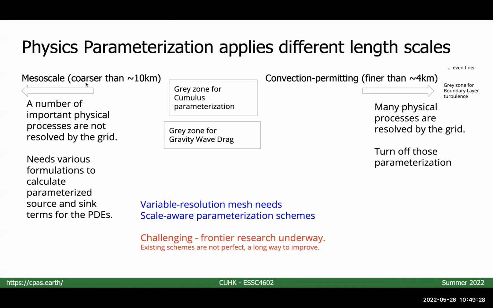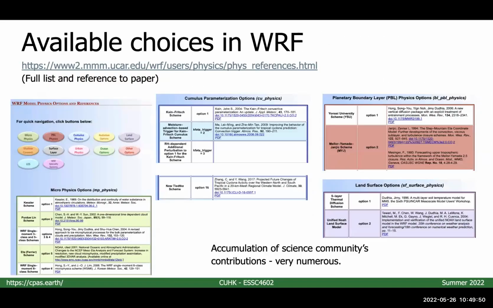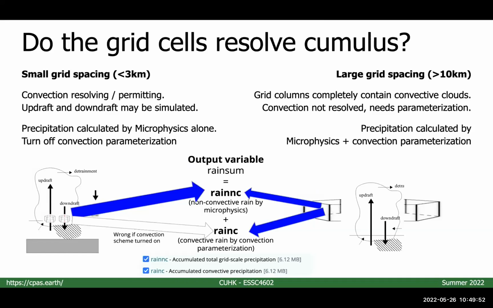Usually for resolution coarser than 10 km, this is just an indicative number, and this is just mentioning the order of magnitude, not very exact. We call it mesoscale. And for resolution finer than 4 km or 3 km, the grid spacing is already of the same length scale of cloud.